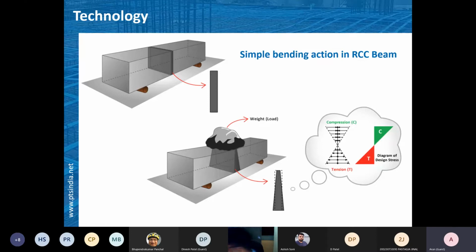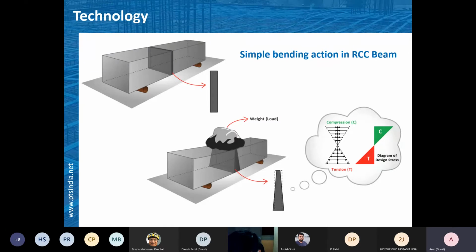So this would be the first example in brief, wherein we study the simple bending action in RCC beams. This is a simply supported beam. There are two supports and a beam resting on those two supports, and the beam has some load on top of it.